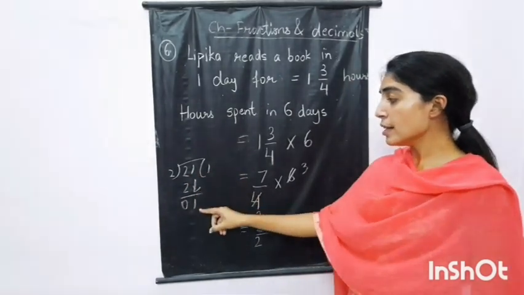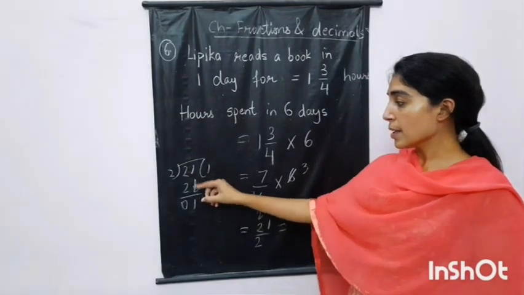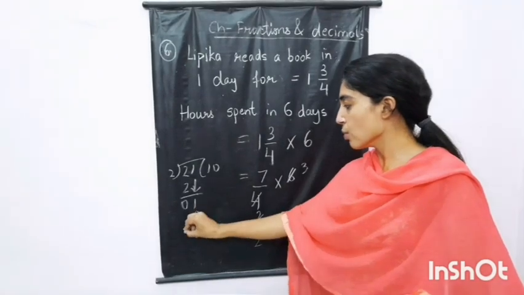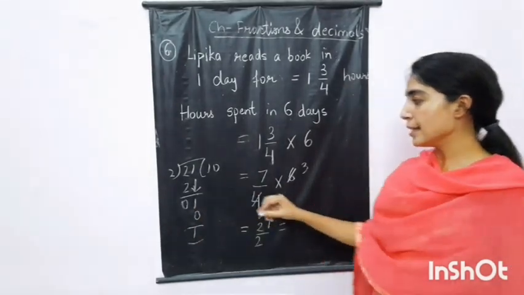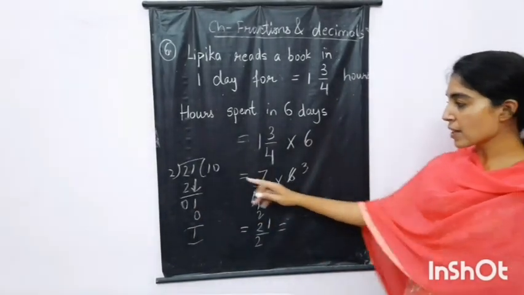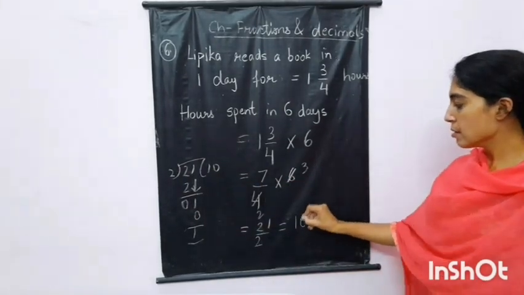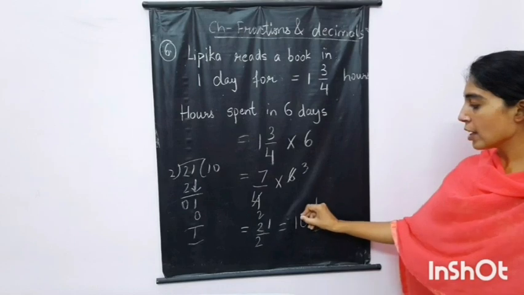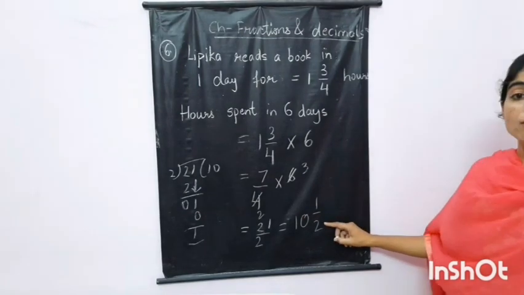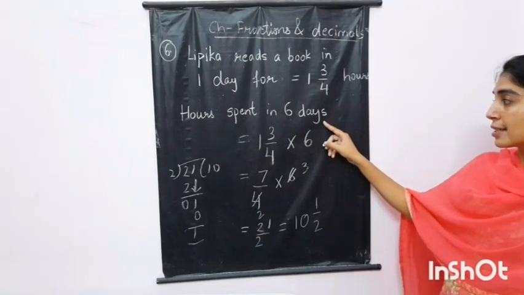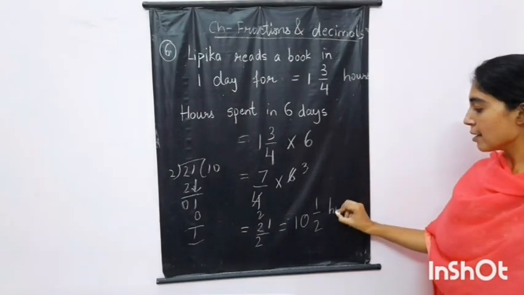Now 1 doesn't come on the 2's table, so we write 2 zeros are 0. So 1 is our remainder. So what is our mixed fraction? 10 1 by 2. So 10 1 by 2 means 10 and a half hours she spent in reading the book for 6 days. With the answer we will write hours.